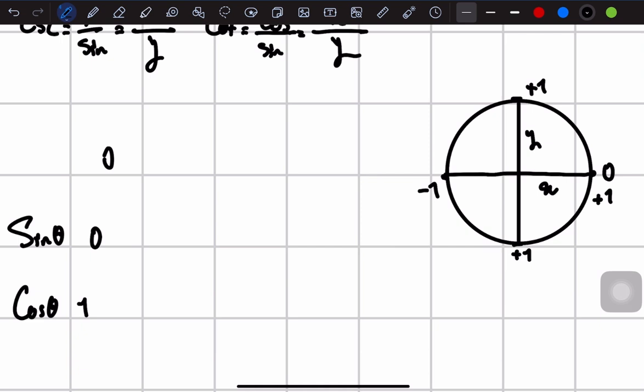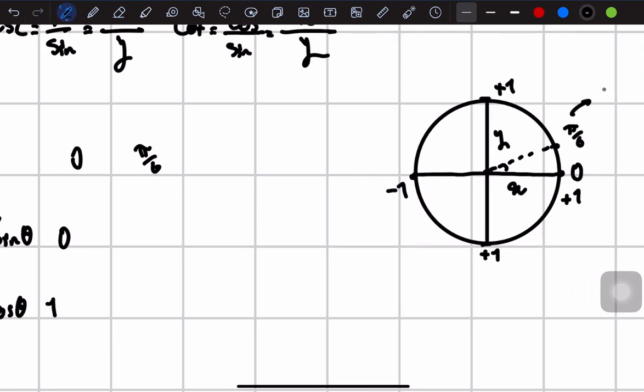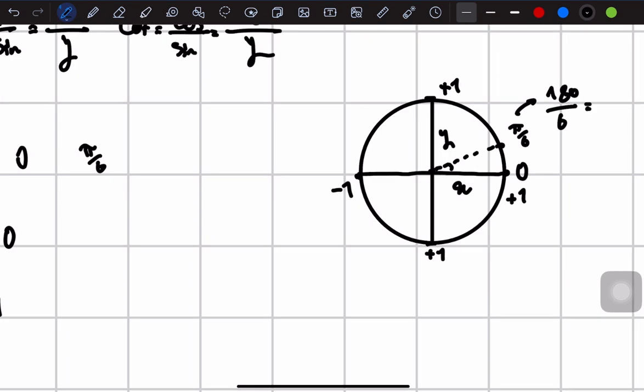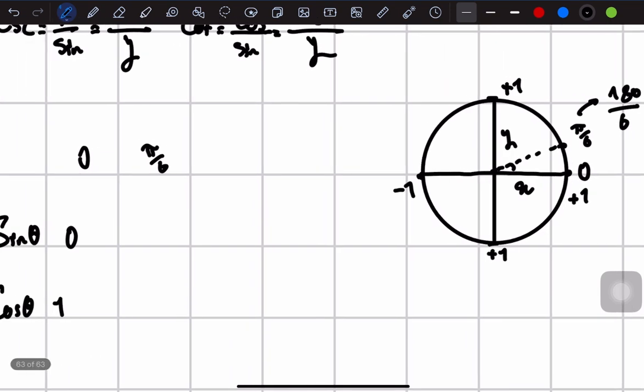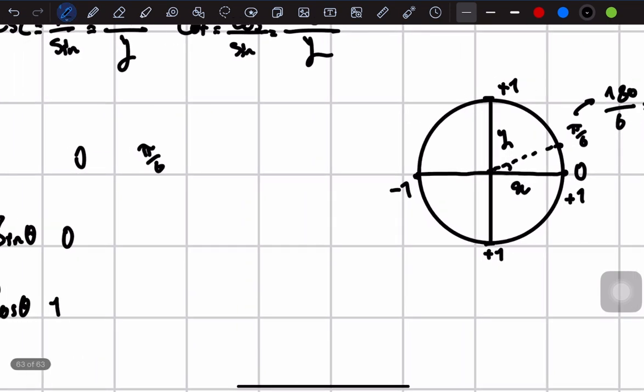What about pi over 6? If we draw pi over 6, it would be somewhere here. It's basically 30 degrees, because let's calculate it: 180 over 6, which is pi over 6, would be 30. Now you can memorize this stuff, but they may give you this on an answer sheet.